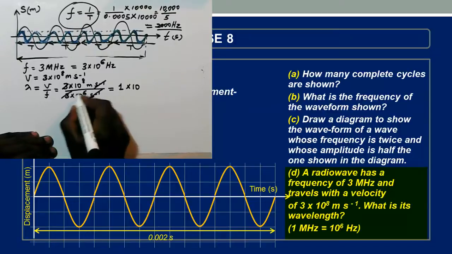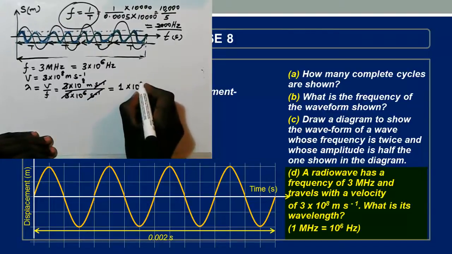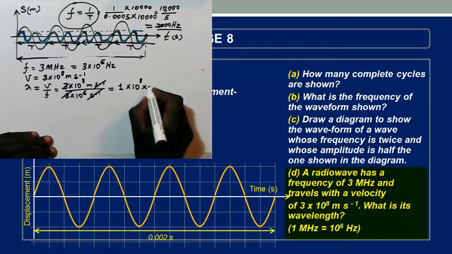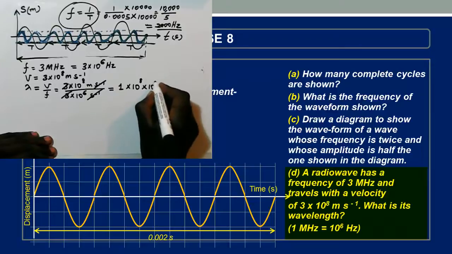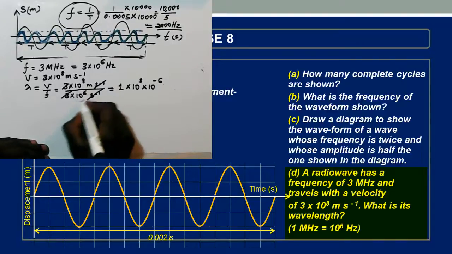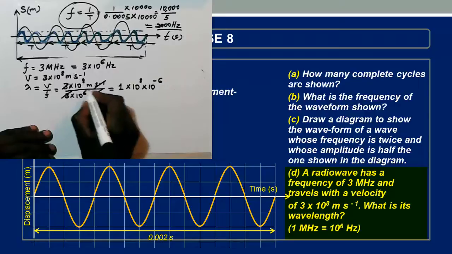Now when 10 raised to power 6 comes to be the numerator, we're going to have 10 raised to power 8 is there. The other one is 10 raised to power minus 6. When this denominator becomes a numerator, the sign of the power changes.